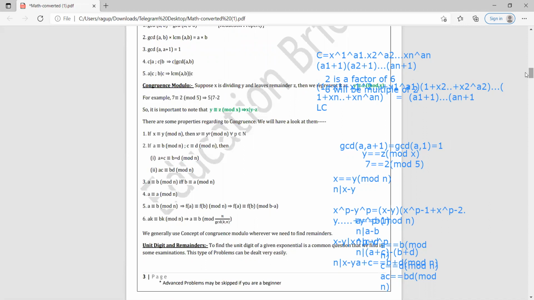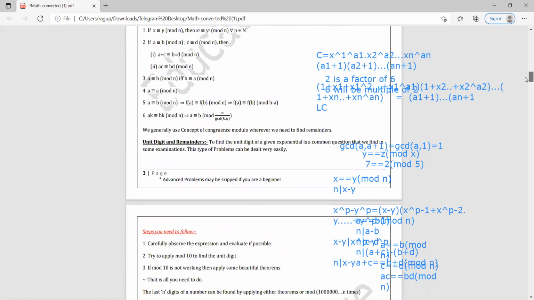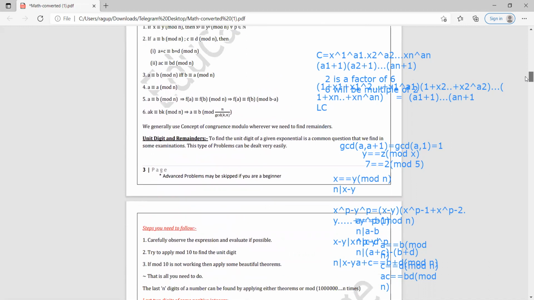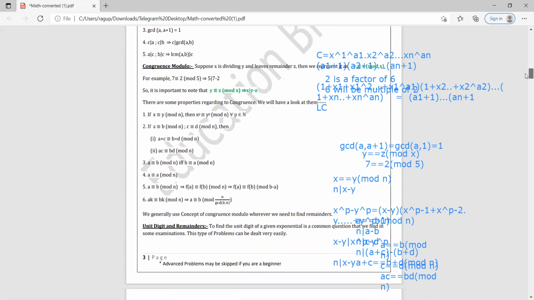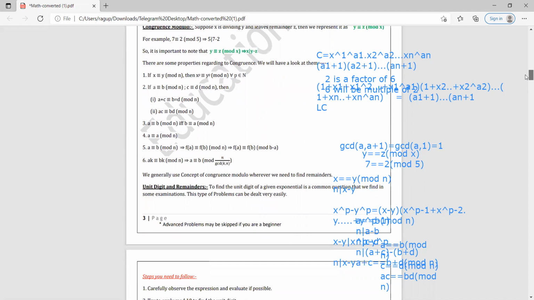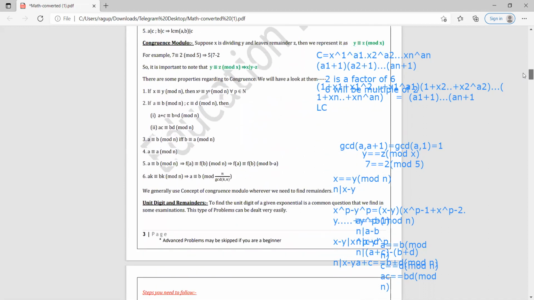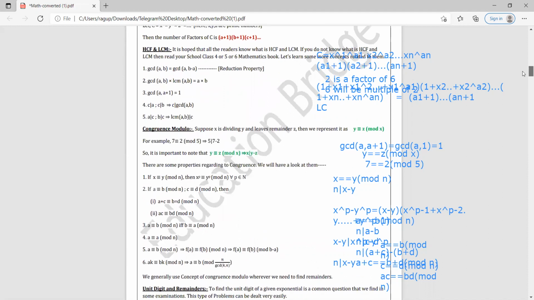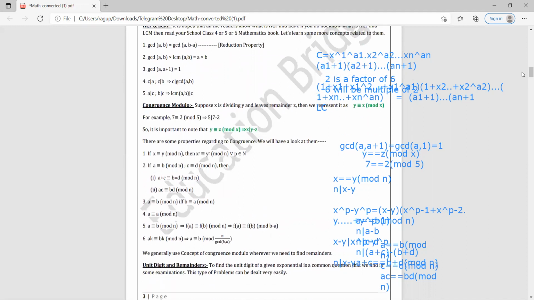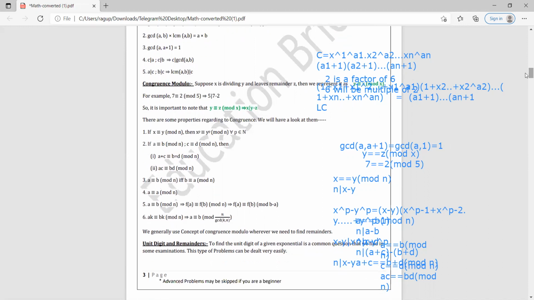Finding the unit digit of a given exponential is a common question in some exams, and this type of thing makes it easy to find remainders, eases our work, and helps in dealing with equations. So congruence modulo.